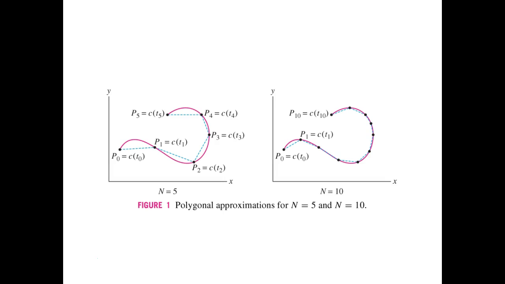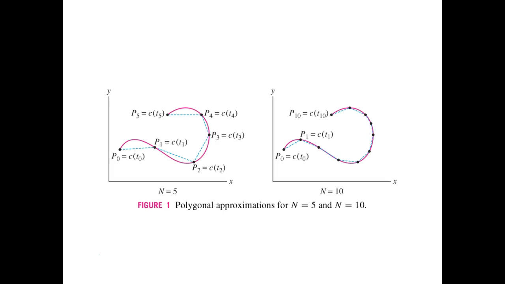Now, why 5? Well, because we're doing a polygonal approximation for the arc length of this curve. The distance between P0 and P1 is that straight line distance, obviously undershooting the arc length a fair amount, right?